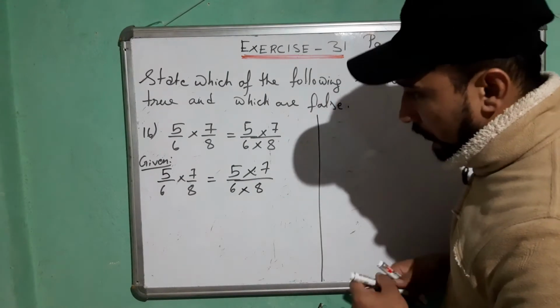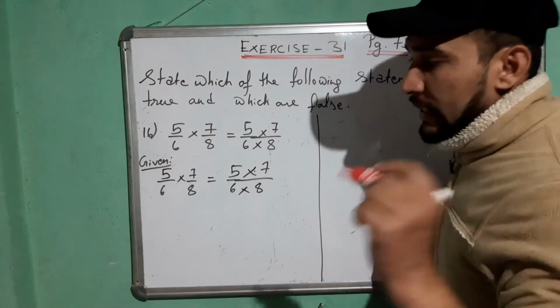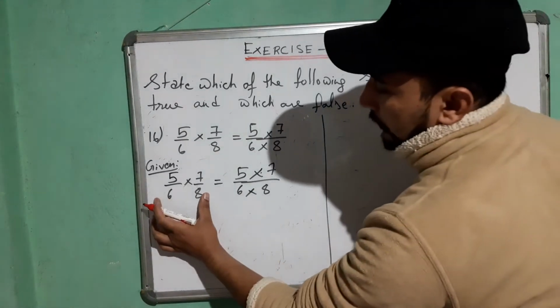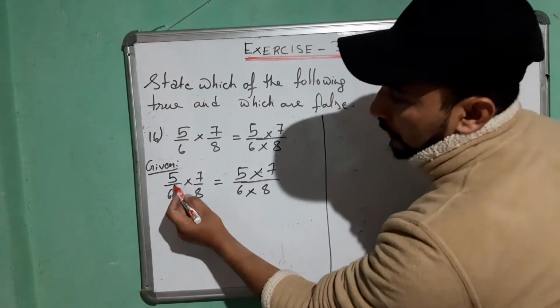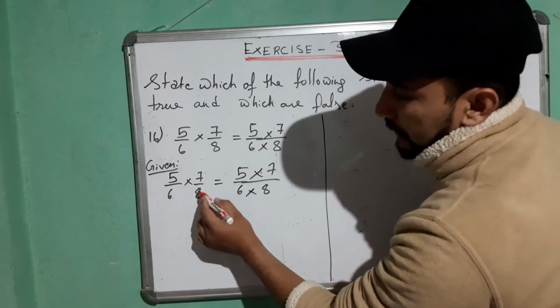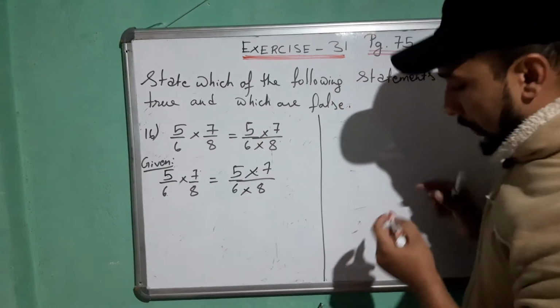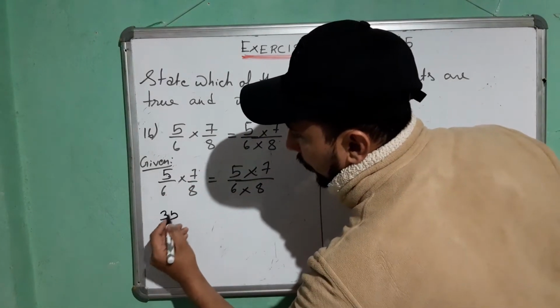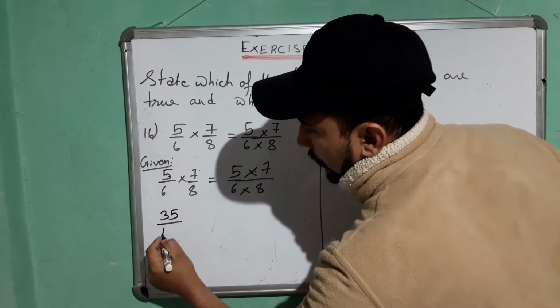Now in the left hand side, if there is a chance to cancel numerator and denominator, then you have to do it. This part is the left hand side, this part is the right hand side. Here 5 and 6 you cannot cancel, 7 and 8 you cannot cancel, so simply you multiply: 5 7s are 35, 6 8s are 48.